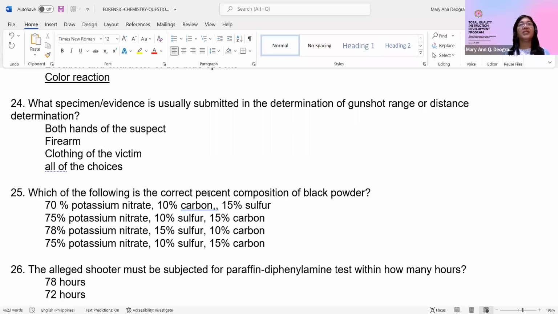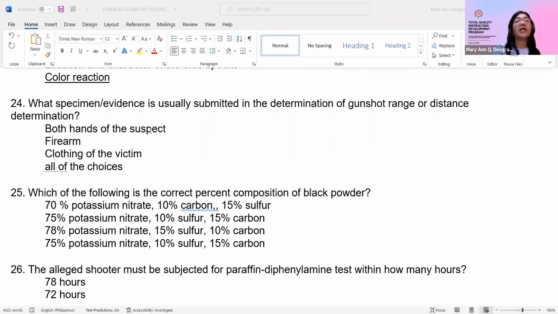Letter D, all of the choices. Anong sagot niyo? Okay, may sumagot. Oh, nakakita lang kayo na letter D. Letter D agad ang kinuha nyo. Hindi po. It is the clothing of the victim. Kasi GSR yan eh.